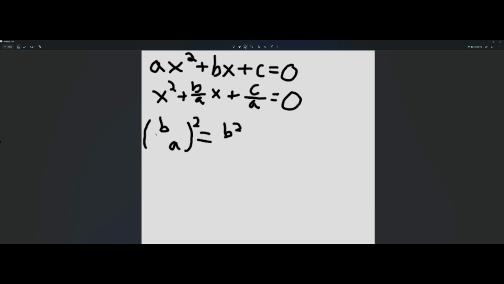So now what we'll do is we have b squared over 4a squared.